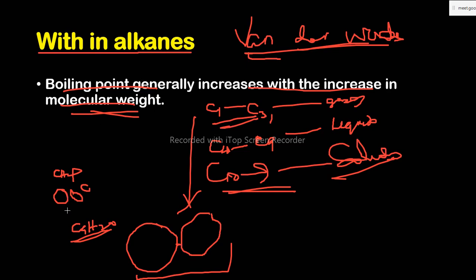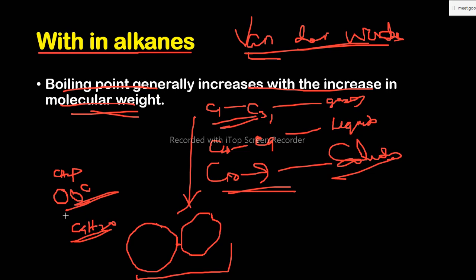But where you have just small molecules, the molecules will be farther apart from each other. And if the molecules are farther apart, they are weakly attracted to each other, and so form weak van der Waals forces of attraction, hence have generally low boiling and melting points.